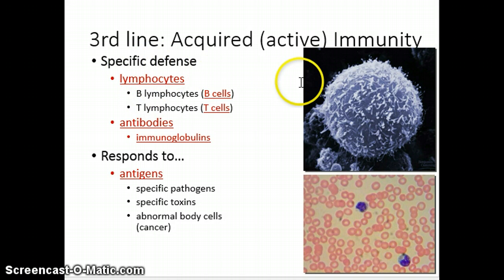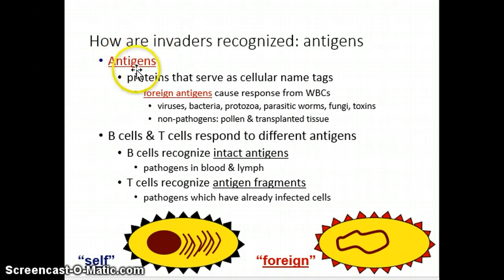This invader will be a foreign antigen. The B cells will have receptors on their surface which actually bind to the antigens that are on this invader.